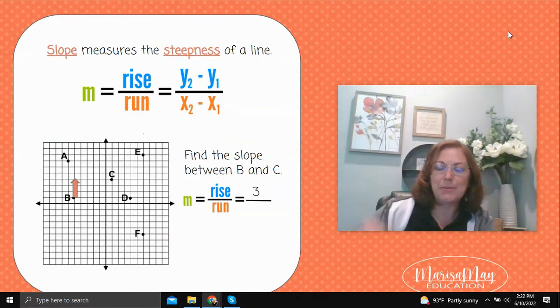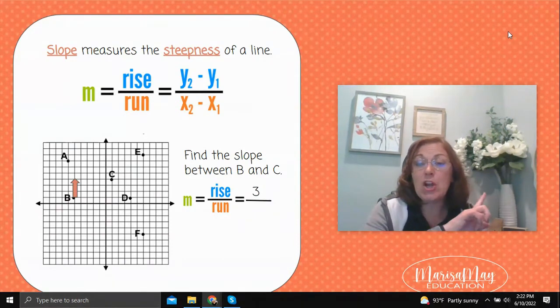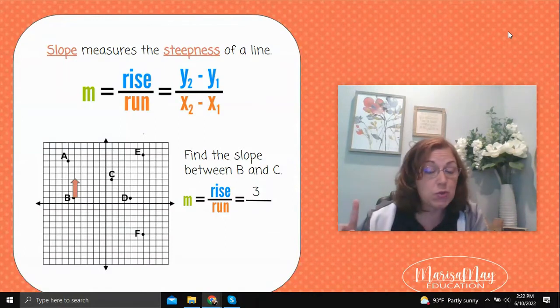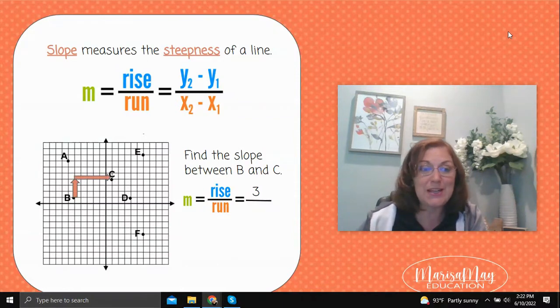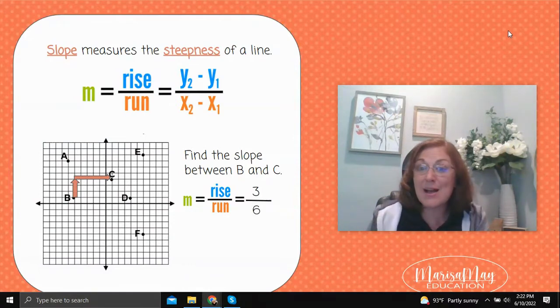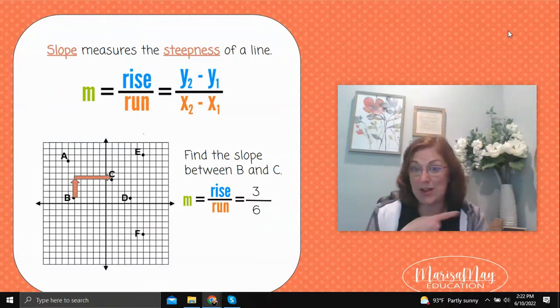Because we went up. Now from here, we're asking ourselves, how far do we have to run to get to C? So you're going to, again, count those squares on the grid here: 1, 2, 3, 4, 5, 6. And our run is a positive 6 here because we went to the right.